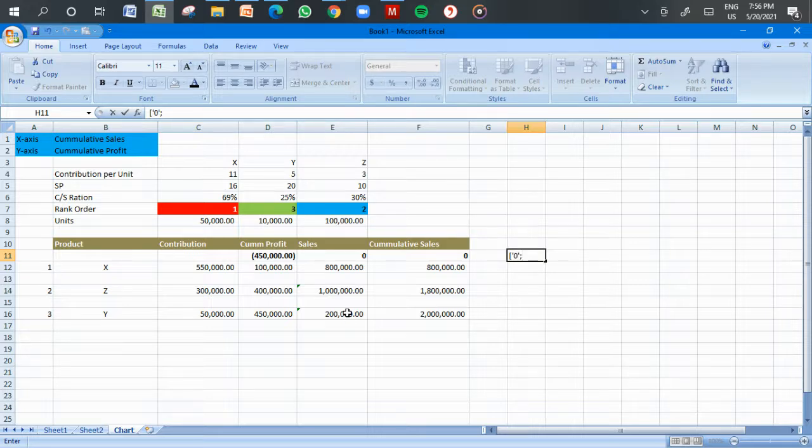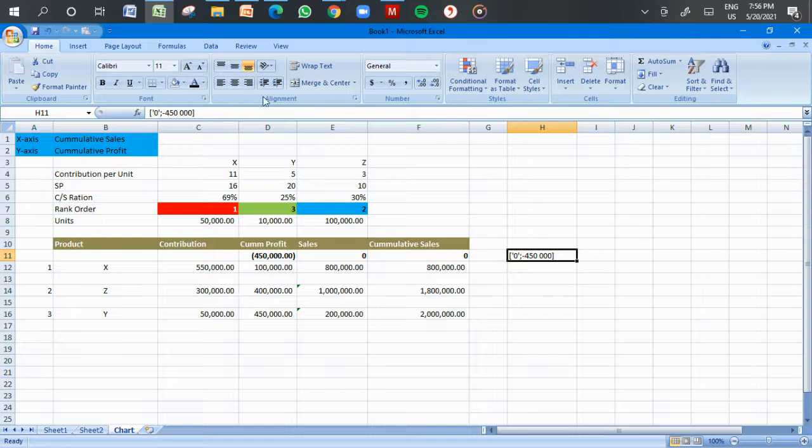Then on the y-axis it will be minus 450. So this one becomes our first coordinate.